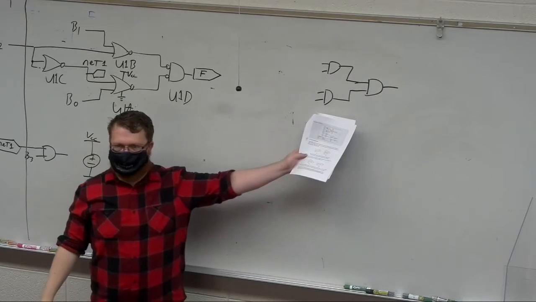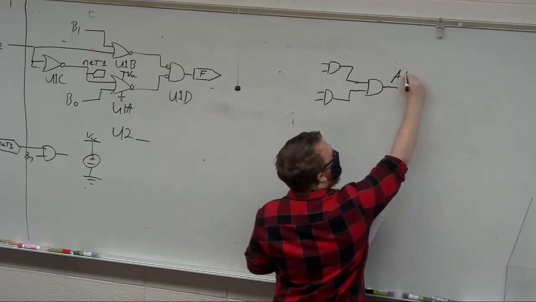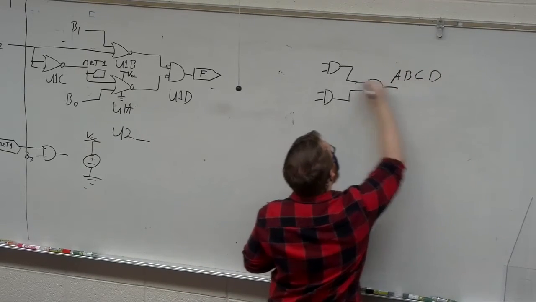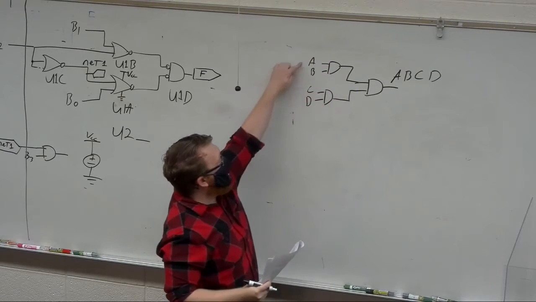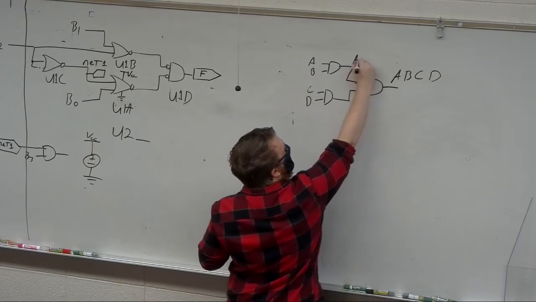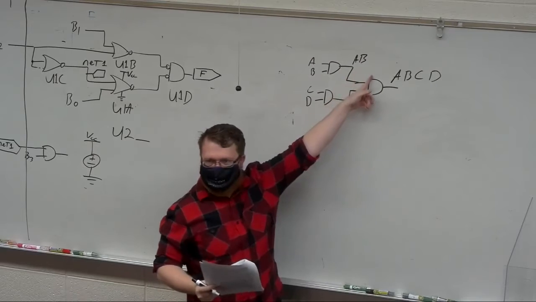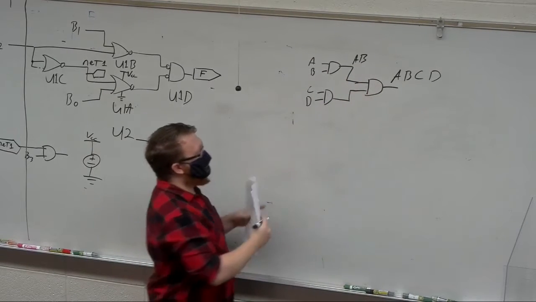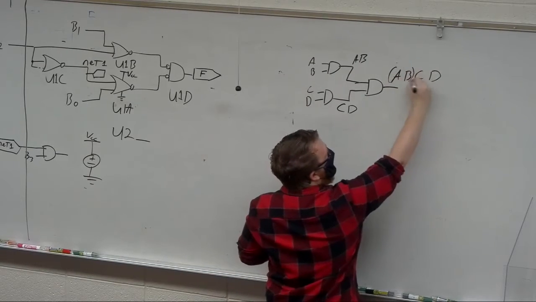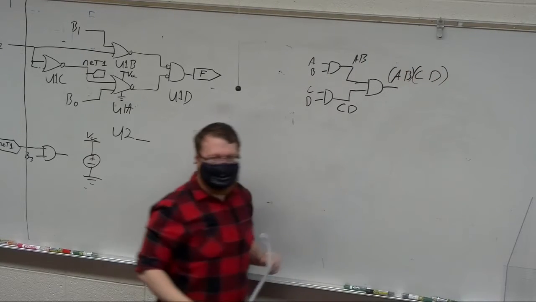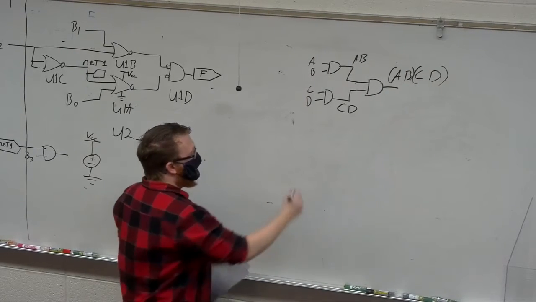This is now a 4 input AND gate. Because the logic expression for AND, A, B, C, D, A and B is the output here, right? So I can label my nets for what they are logically. And this is C and D. But now I've just had A and B and C and D. But I didn't change anything, right?